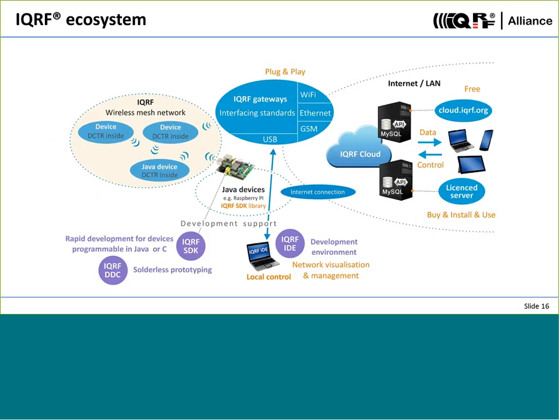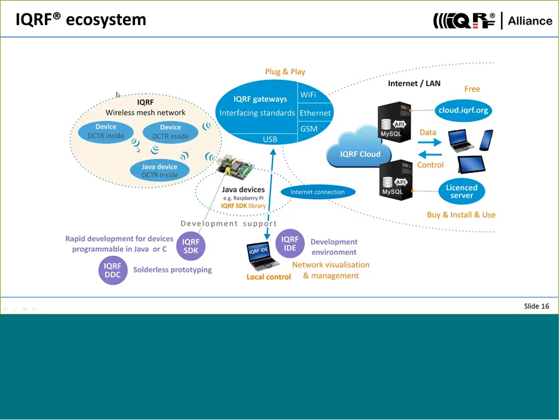As you can see, it's becoming pretty complex, but basically you have interoperable products that are connected through the IQRF wireless mesh networks. Those devices can be from different manufacturers, and thanks to hardware profiles and the DPA protocol, they can operate in one network, so they're basically interoperable.